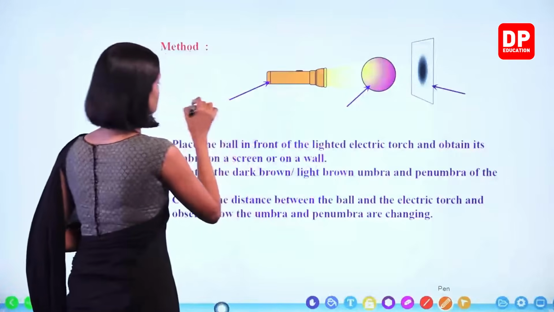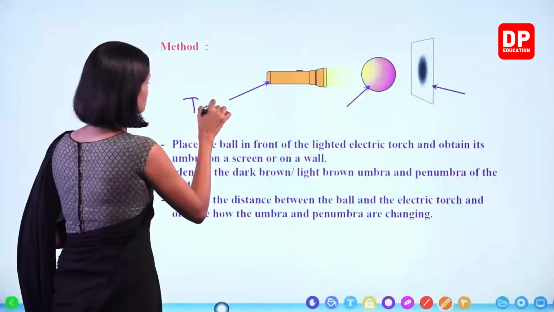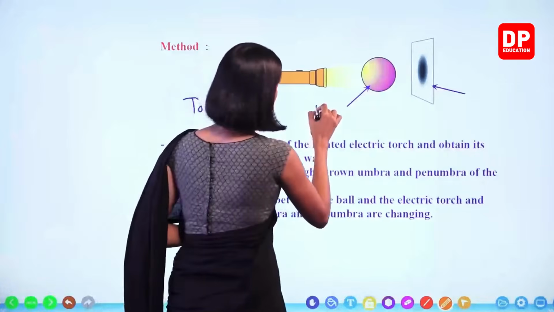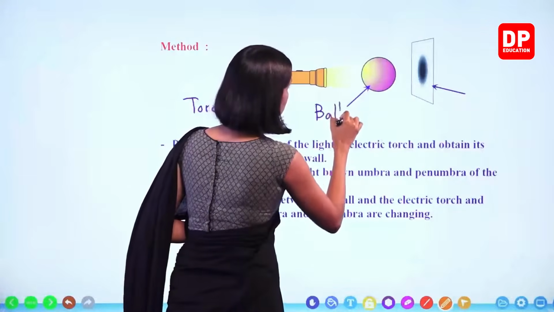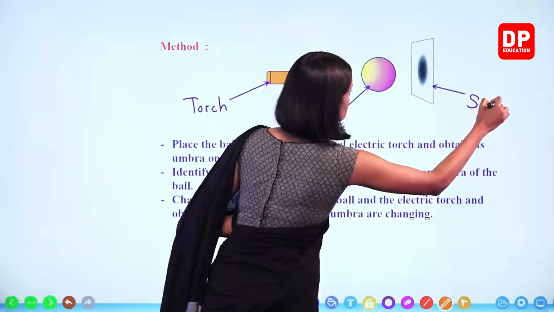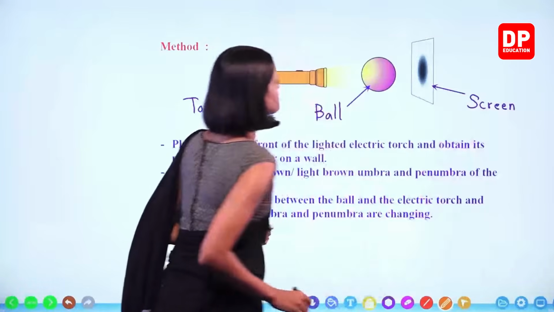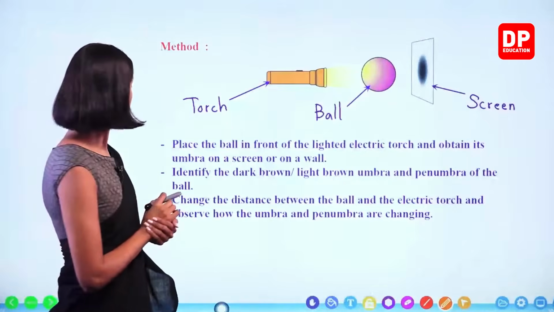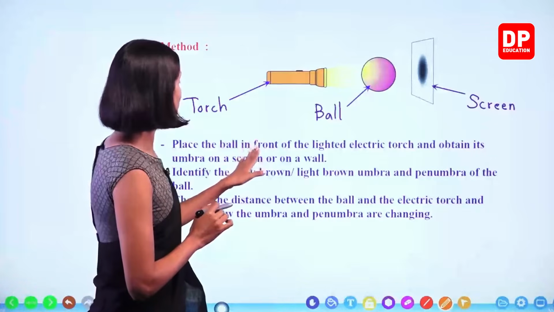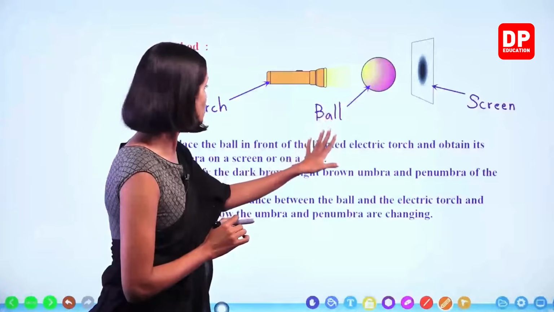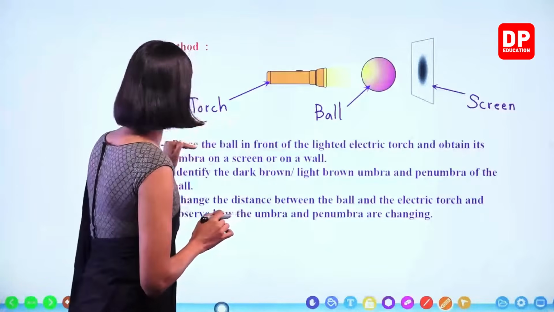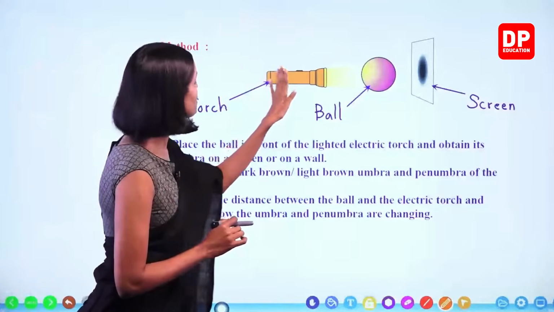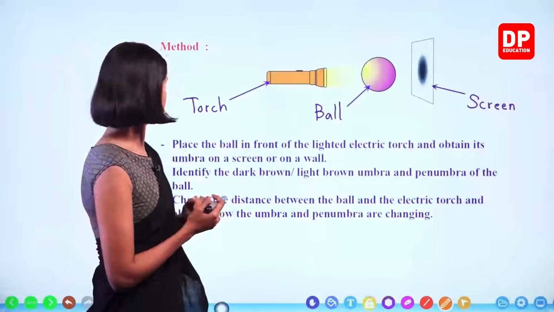Right. Torch, small ball, screen. Right, children? Place the ball in front of the lighted electric torch and obtain its umbra on a screen or on a wall. Right?